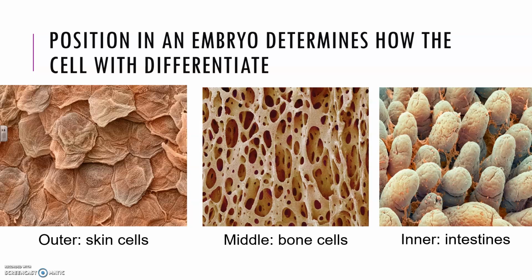If you think about what's in the middle of your body, it's your skeleton, so it makes sense that those would differentiate into bone cells. And then you have other cells in between the outer and the middle, and those will form your intestines and your various other organs. A lot of that makes sense when you think about it: on the outside of your body, you've got your skin, and on the most inner part of your body, you've got your bones.